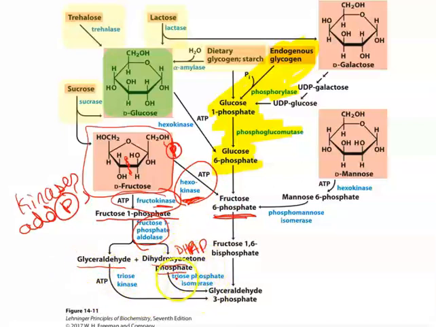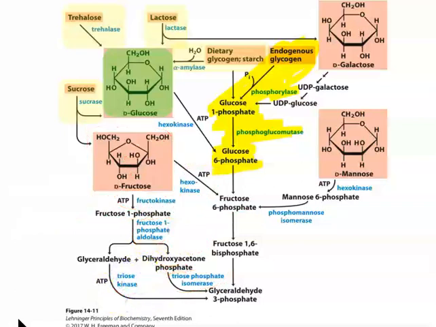And DHAP can enter directly into glycolysis. It's acted upon by triose phosphate isomerase, which is a glycolytic enzyme. And glyceraldehyde is going to be transformed to glyceraldehyde 3-phosphate by an enzyme called triose kinase. So let's address a couple other things here before we move on.